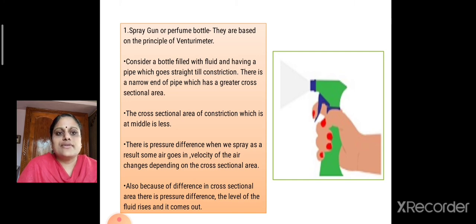There is a pressure difference when we spray. As a result, some air goes in, the velocity of air changes, and it depends on the cross-sectional area. Because of this difference in cross-sectional area, there is a pressure difference, and the level of fluid rises and comes out of the nozzle.